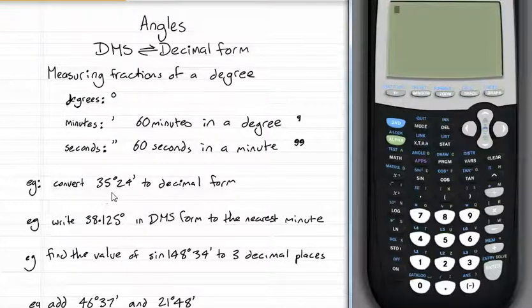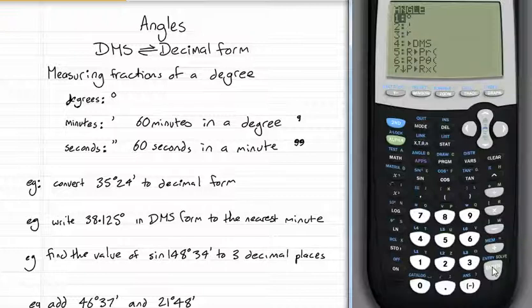So, converting 35 degrees, 24 minutes to decimal form. The key we want is here, apps, but the selection above it, angle, so second function, angle. Enter your number of degrees, 35. Second function and apps brings me the angle menu, and we want to enter degrees.